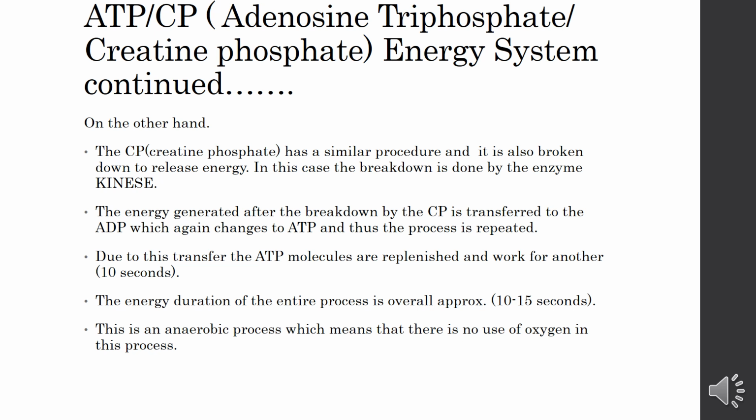Due to this transfer, the ATP molecules are replenished and work for another 10 seconds. The energy duration of the entire process is overall approximately 10 to 15 seconds. This is an anaerobic process, which means that there is no use of oxygen in this process.